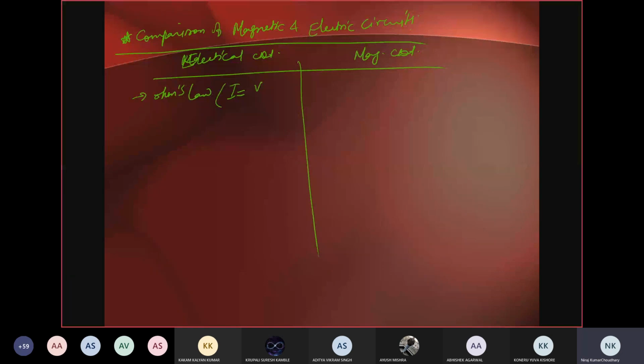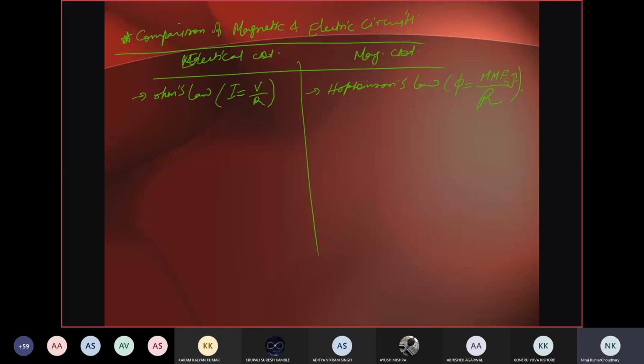This is Ohm's law. In a magnetic circuit, Hopkinson's law is valid, according to which flux is equal to mmf by reluctance. Sometimes mmf is also represented by capital F.